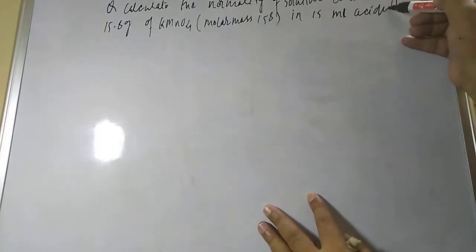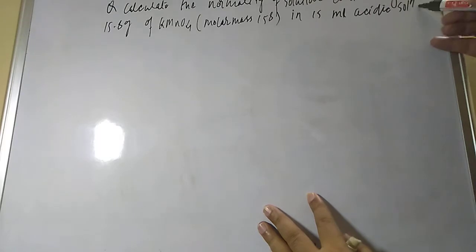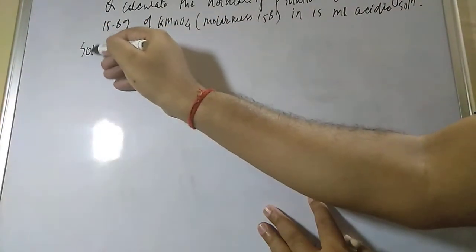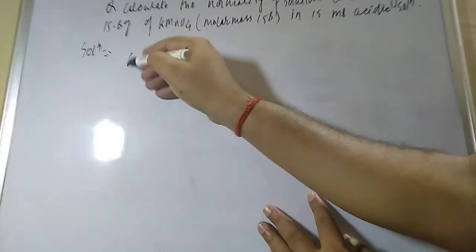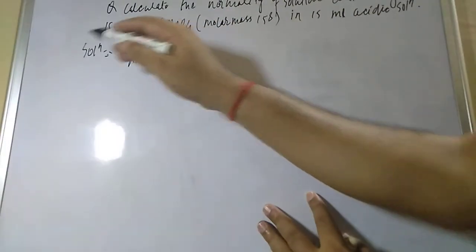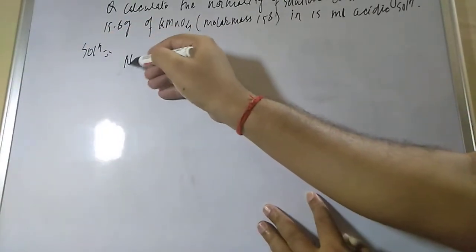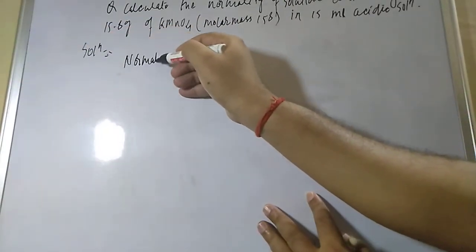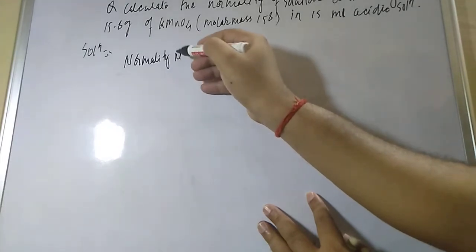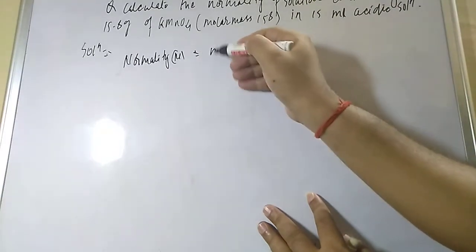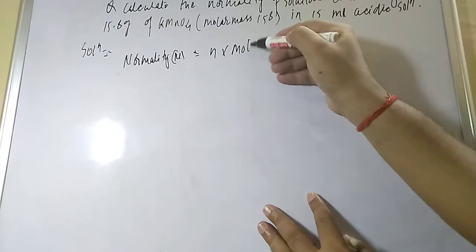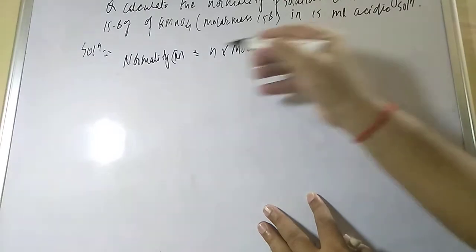So dear student, this is a very easy problem. Let us solve this. They are asking to calculate the normality, and you know the normality formula, student. Normality, capital N, is equal to small n into molarity.